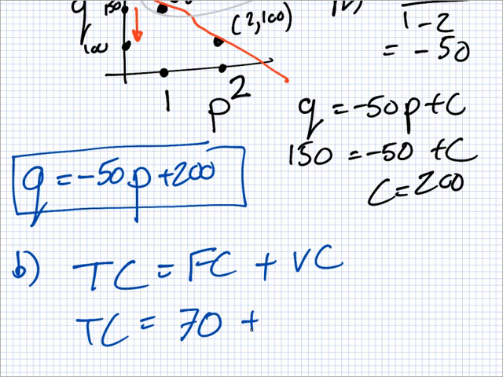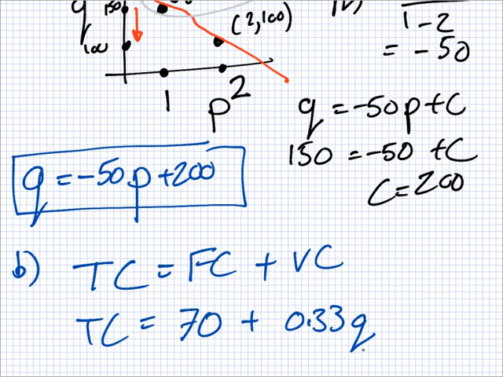Now, for every cup they sell, what's their cost? 0.33. So this would be 0.33Q. Every one sale makes 0.33 extra cost. That's why I multiplied by Q, because this is how much variable cost in total there is.